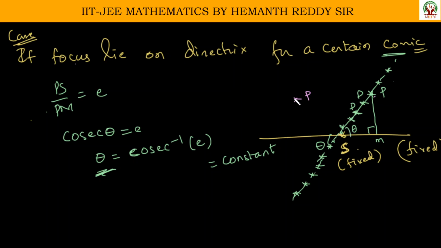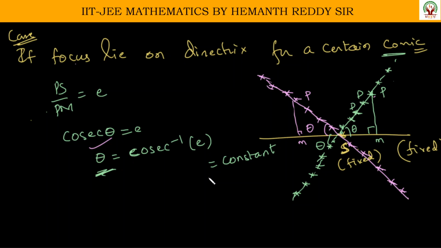This angle is theta. You can also make some angle which is theta here. If it is theta here, obviously PS by PM will be again equal to cosecant theta. M can be here. So P can be anywhere on this line again.